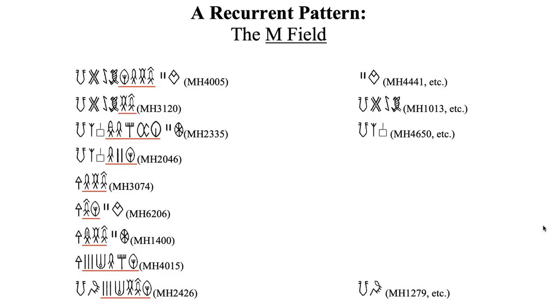And those so-called fish sign clusters or fish sign subfields, it turns out, are part of a larger, very important recurrent pattern that I call the M field, for reasons that will become apparent further on.